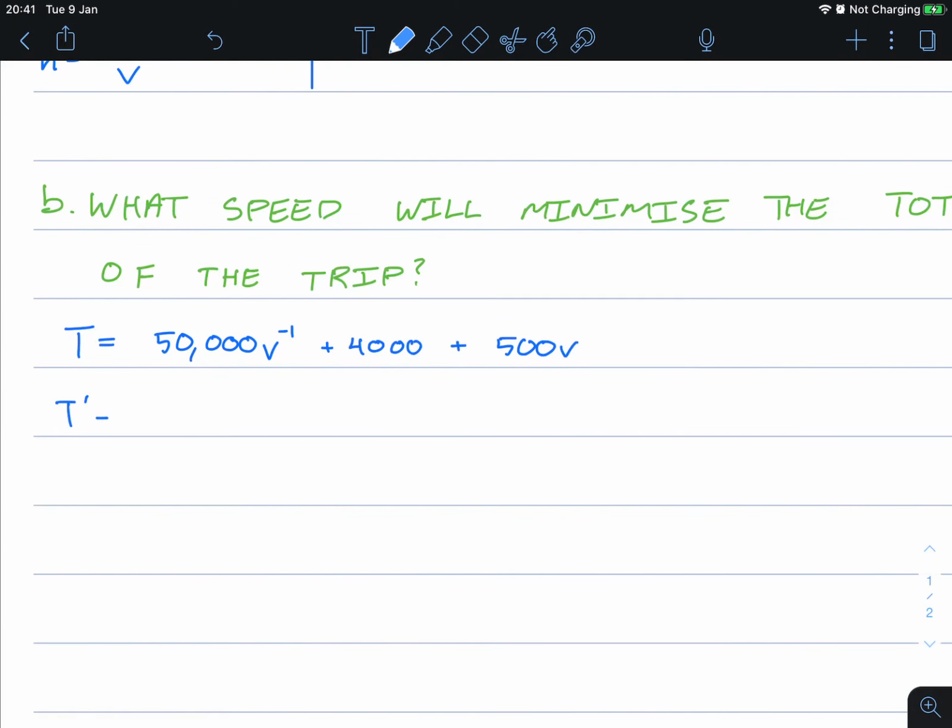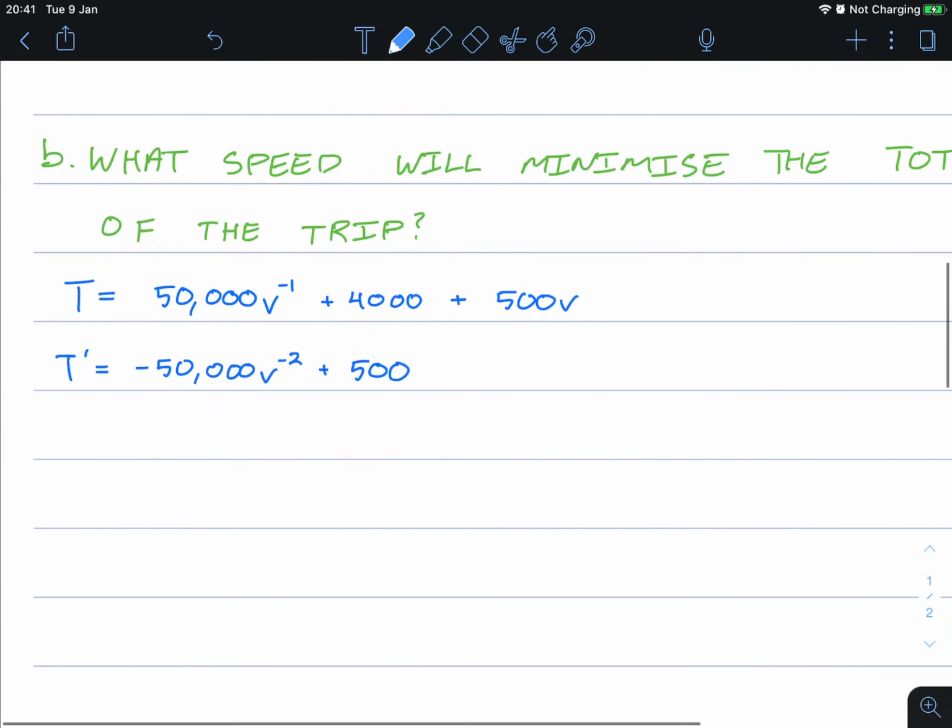Differentiating this, T prime is equal to negative 50,000 V to the power of negative 2 plus, well, 4,000 will go away, and the differentiation of 500V is 500. Because I know that I will be needing to calculate the concavity of this, the nature of any points, let's find the second derivative ahead of time.